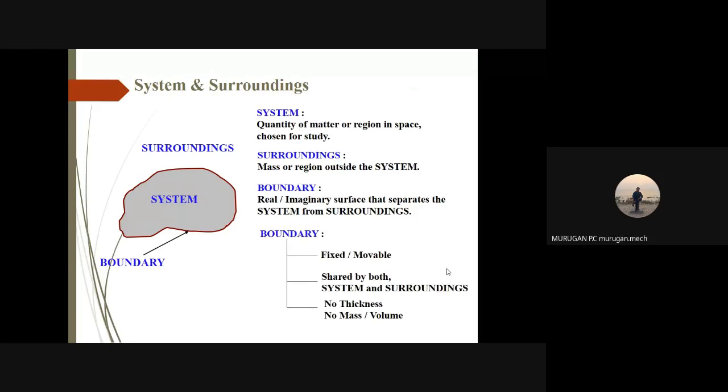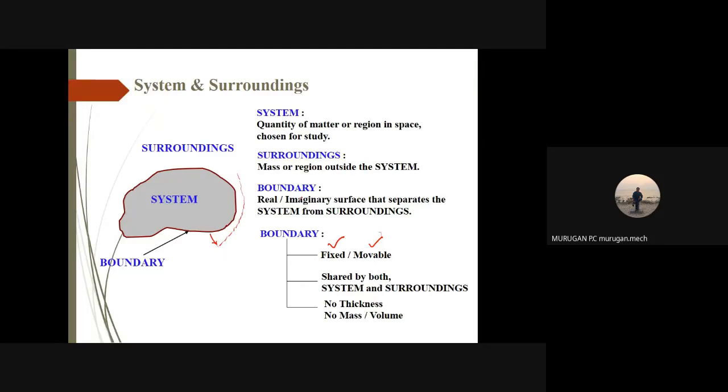So the boundary, as we have seen, we have several types of boundary. One is the moving boundary, and another one is fixed boundary. This is the most widely used boundary. Moving boundary can move from this place to this place, or it can be fixed.